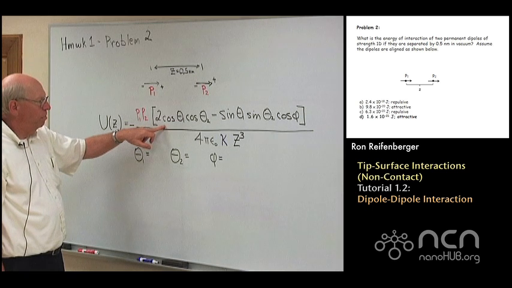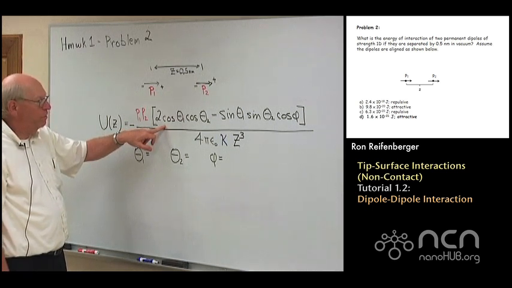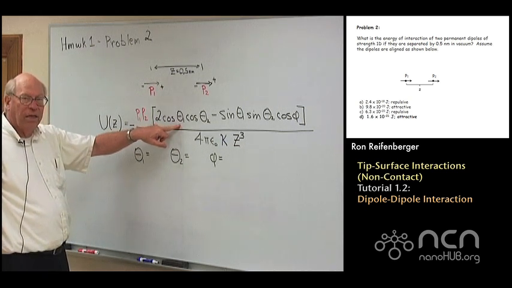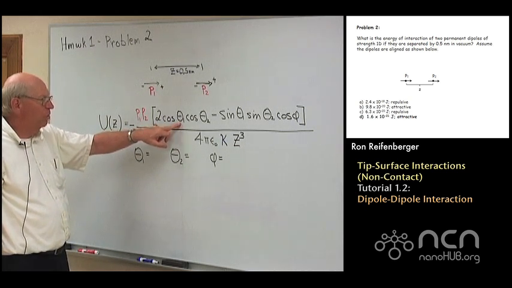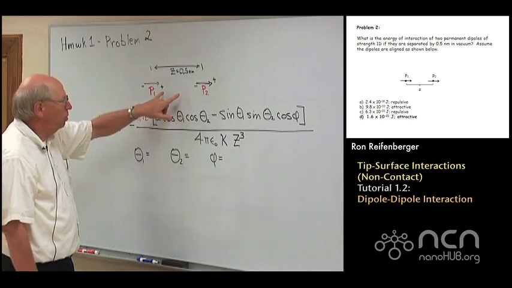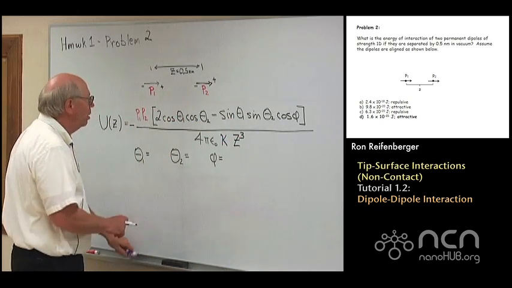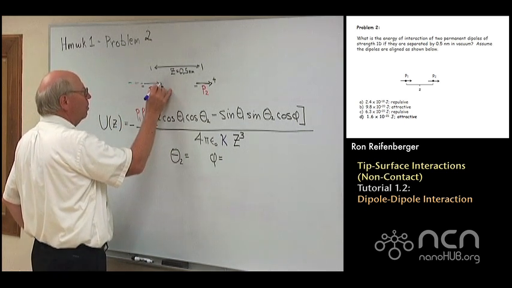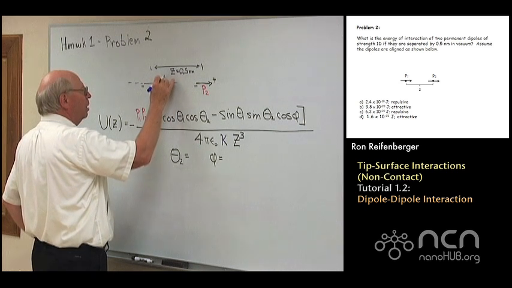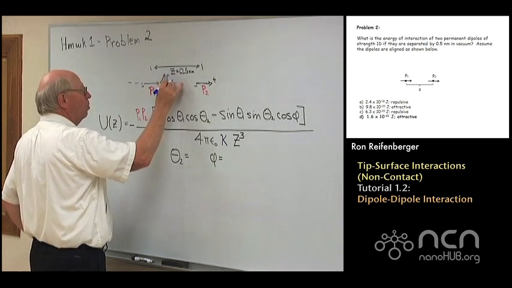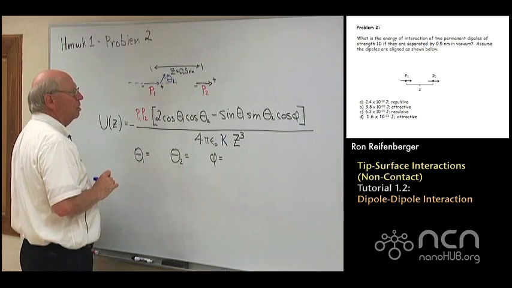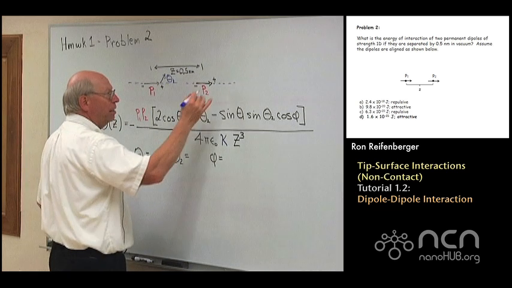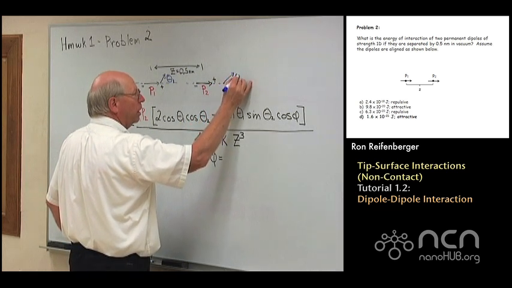There's a rather complicated geometric factor that has to be evaluated, and that requires you to understand the definition of these angles theta 1, theta 2, and phi. You have to apply that definition to this diagram. So the angles are measured with respect to the horizontal axis. In particular, theta 1 is measured in this fashion. Likewise, there's an imaginary line from which you measure the angle theta 2.